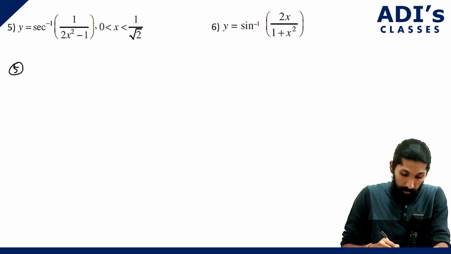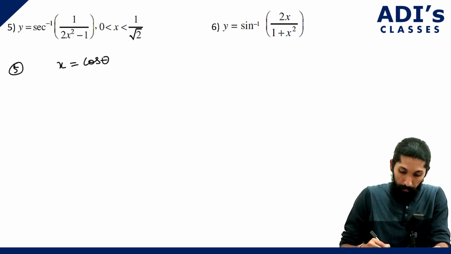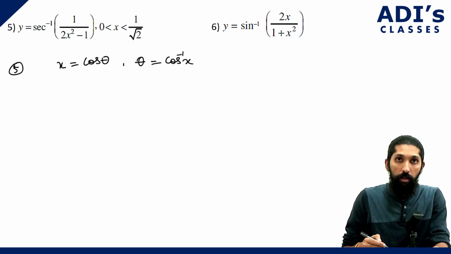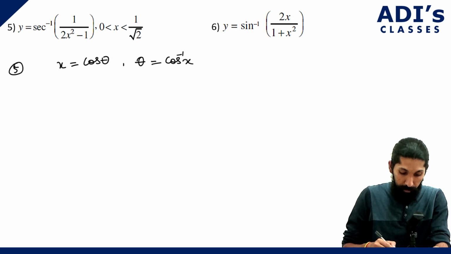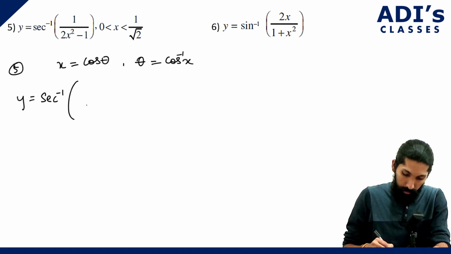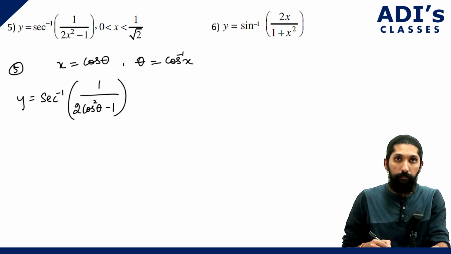So what you get, take x is equal to cos theta, right? So theta is equal to cos inverse of x. Next, you're going to substitute. So you'll get y is equal to secant inverse of 1 divided by 2 cos square theta minus 1, right?